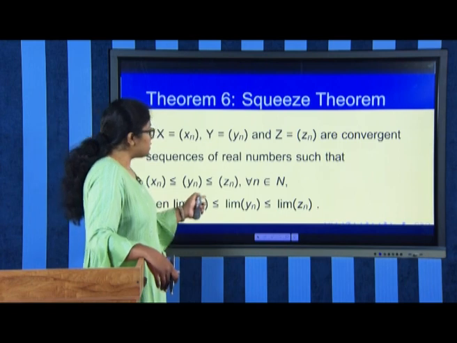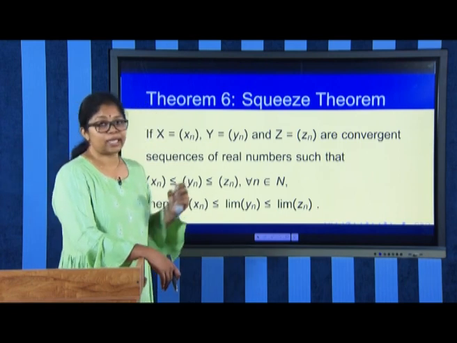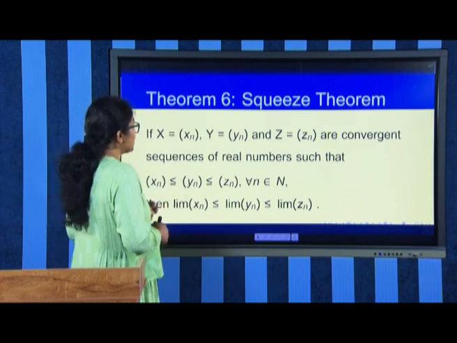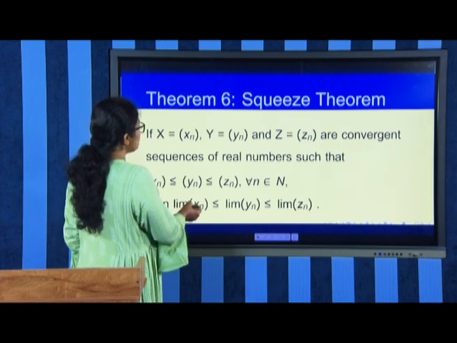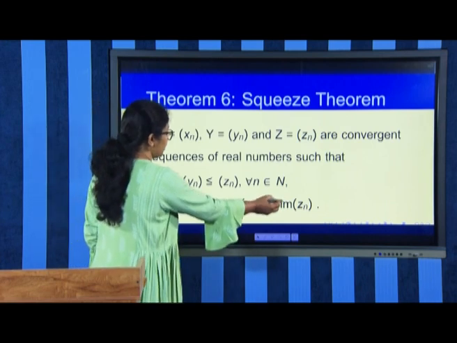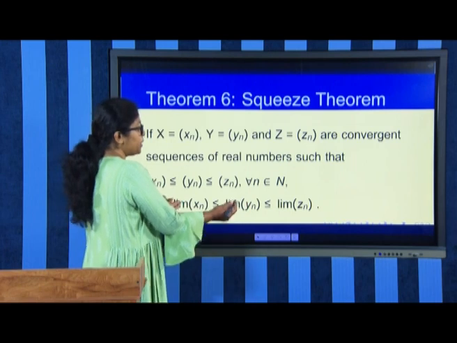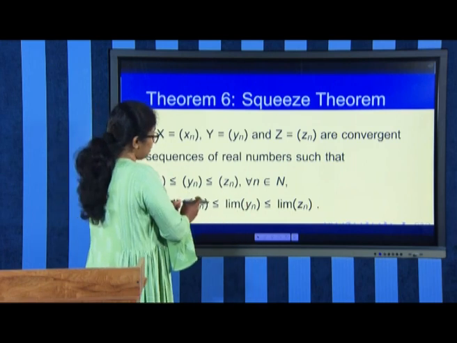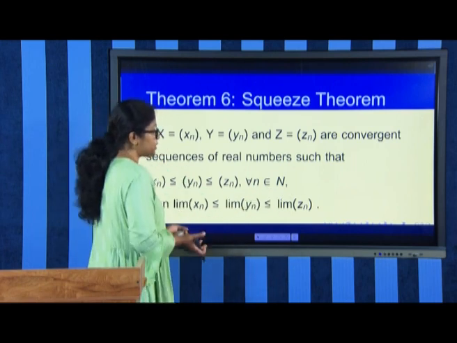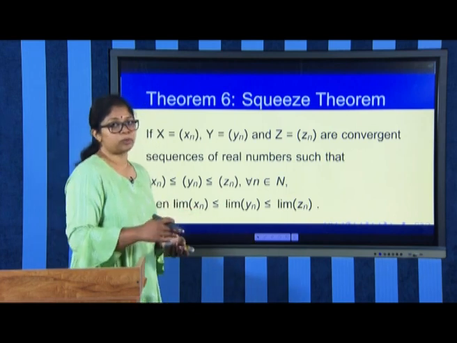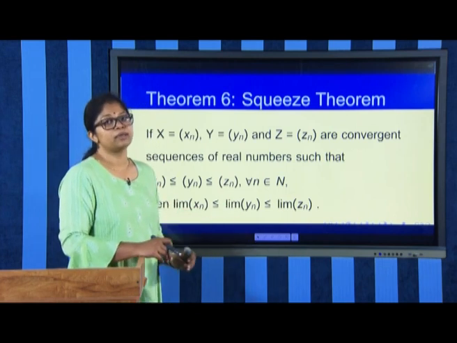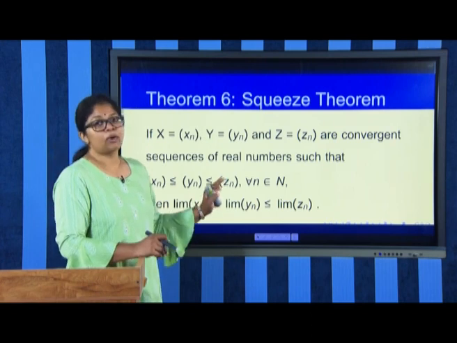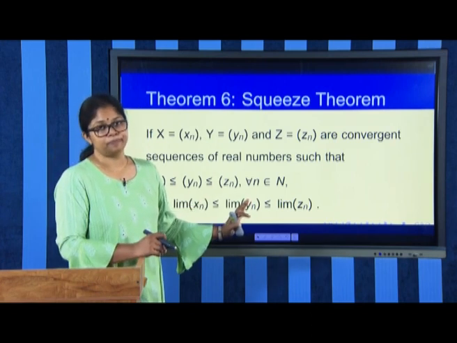This result is known as the squeeze theorem, which says that if you have the limit of xn and the limit of zn to be the same, then yn has no other option, yn has to converge to the same limit as the other two sequences.